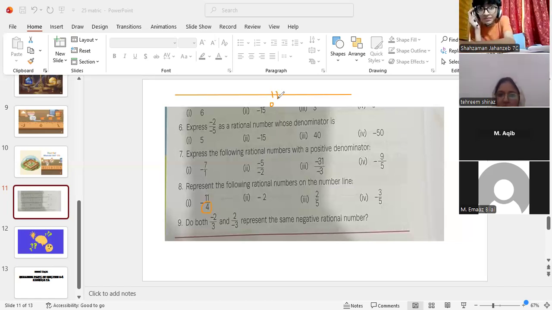How? 1, 2, 3, and at the fourth one, I will write 1. Again, 4 spaces: 1, 2, 3, and at the fourth one, I will write 2. Same, 1, 2, 3, and at the fourth one, I will write -1.